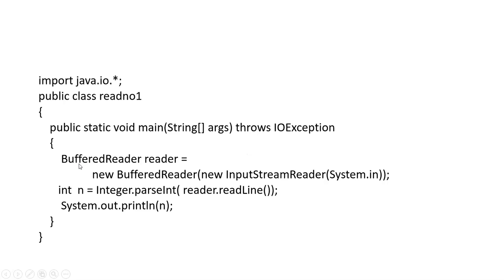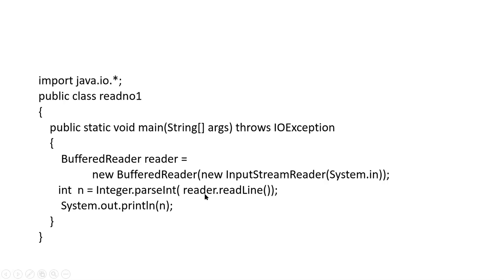Next we create an object: BufferedReader reader = new BufferedReader(new InputStreamReader(System.in)). Instead of that, you can first create an InputStreamReader object and then pass it to the BufferedReader.